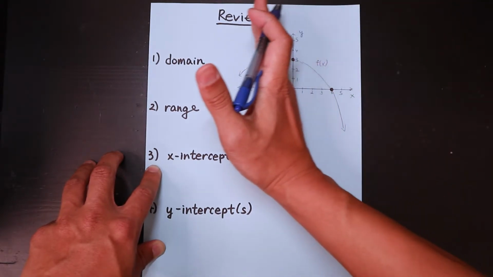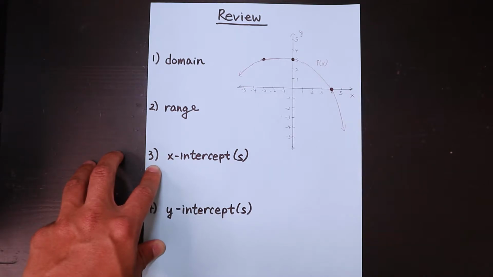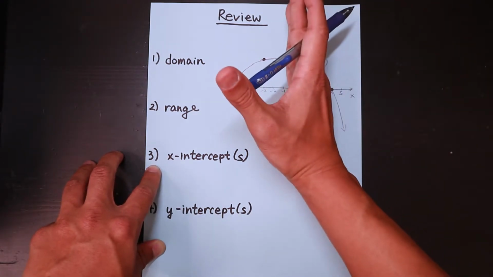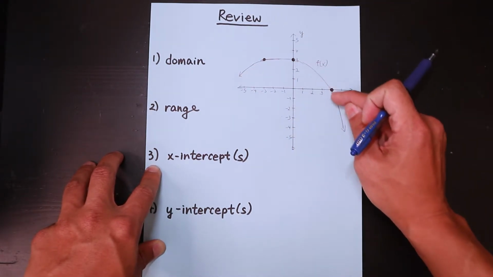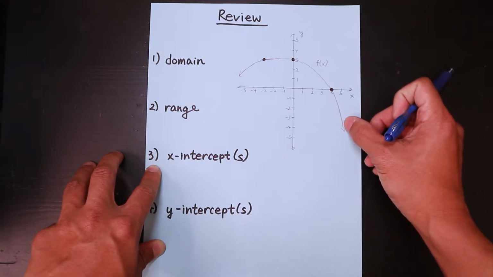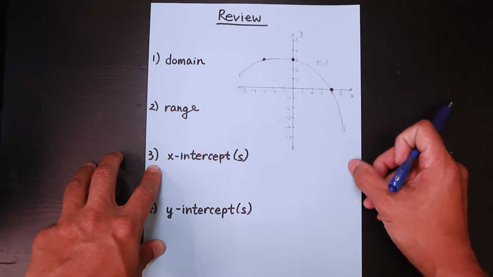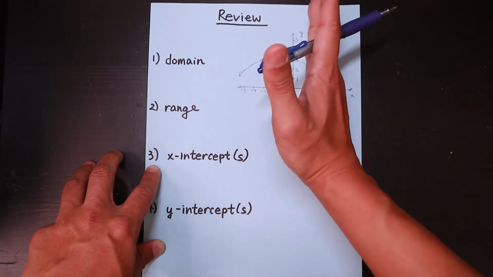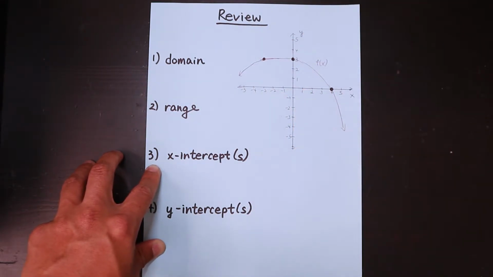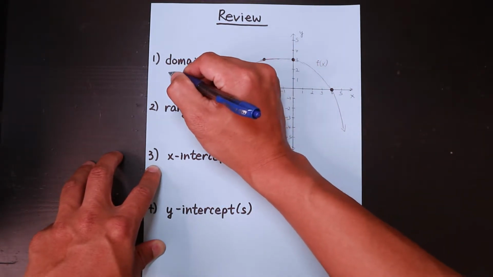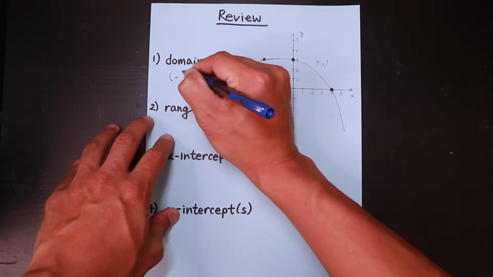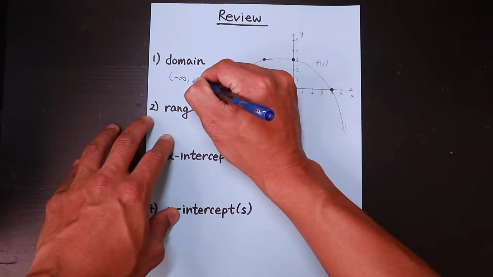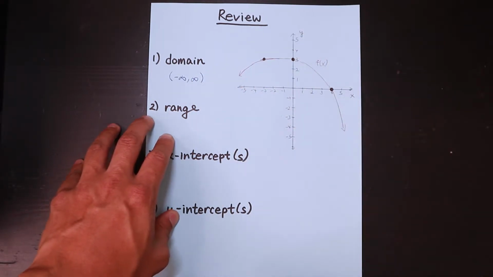So left-wise it is going all the way to negative infinity, and then right-wise, I know that this graph is going down, but it's still approaching slightly to the right as it goes down. So left-wise is going to negative infinity, and right-wise is going to positive infinity. So for the domain, we put open parentheses, negative infinity, comma, infinity, close parentheses.